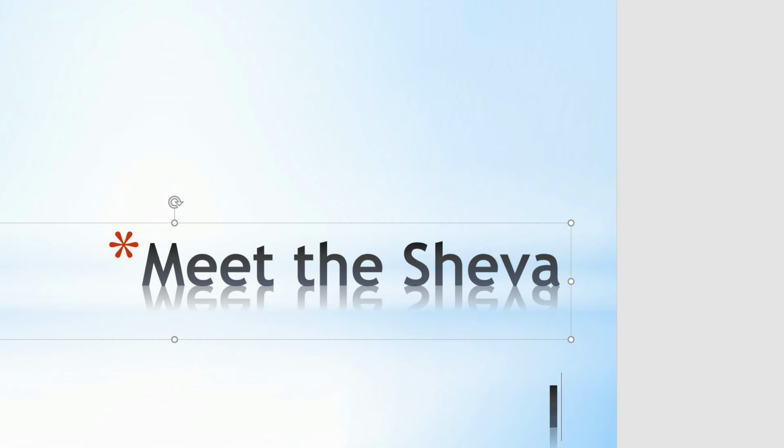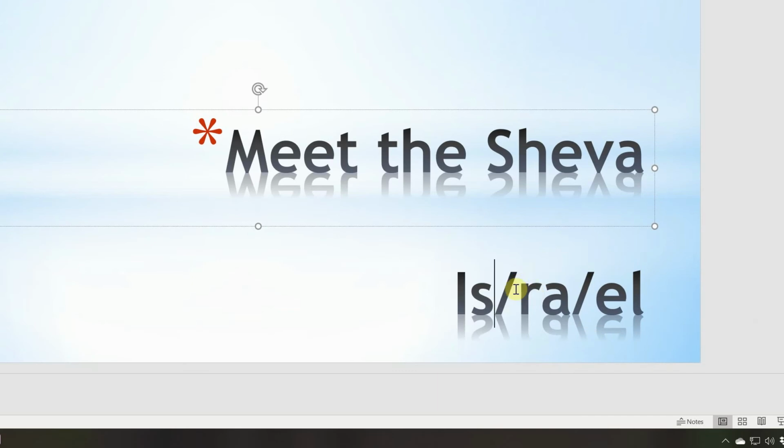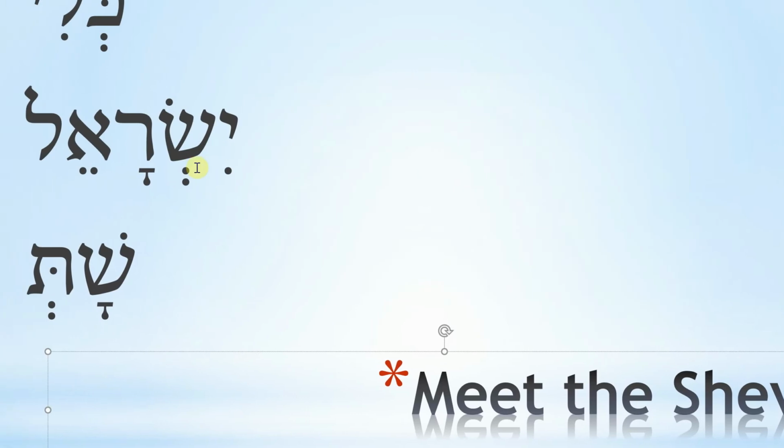Let's think about the word Israel, right? Okay, how would we break this into syllables? Yisrael, Israel. Okay, so the consonant break comes in English in the same place that it comes in Hebrew, yis, right?